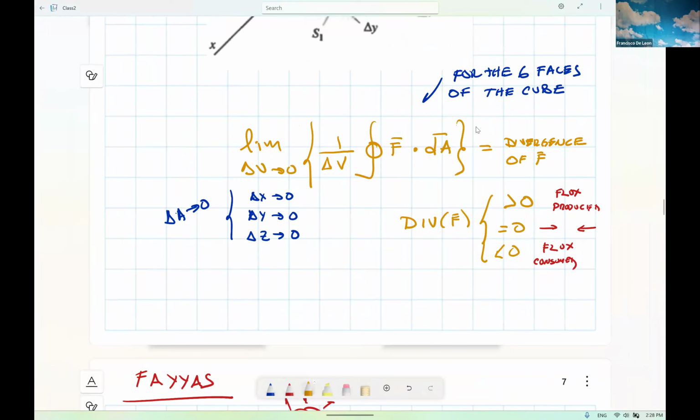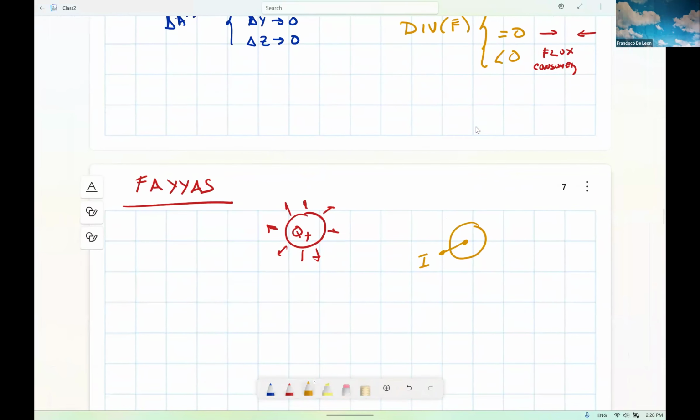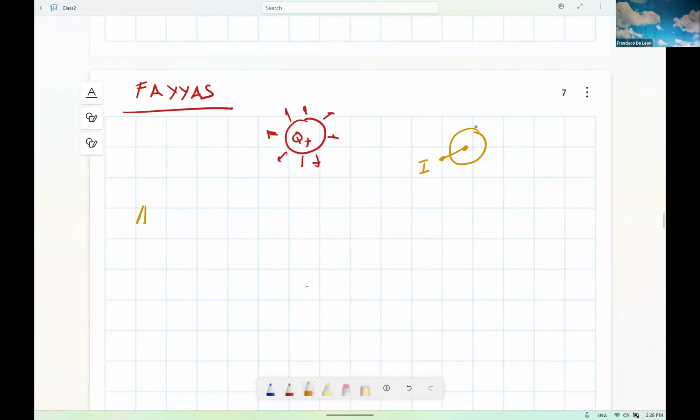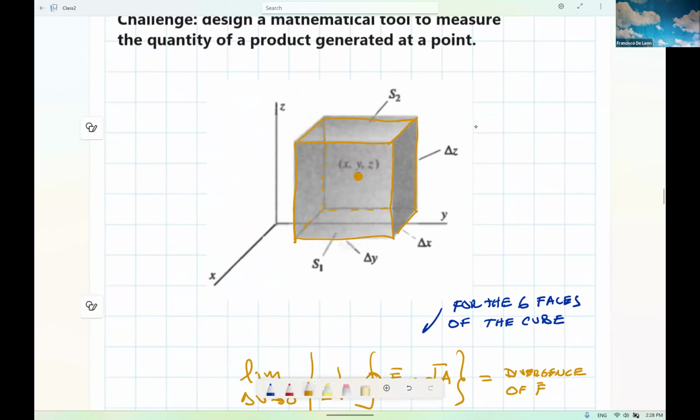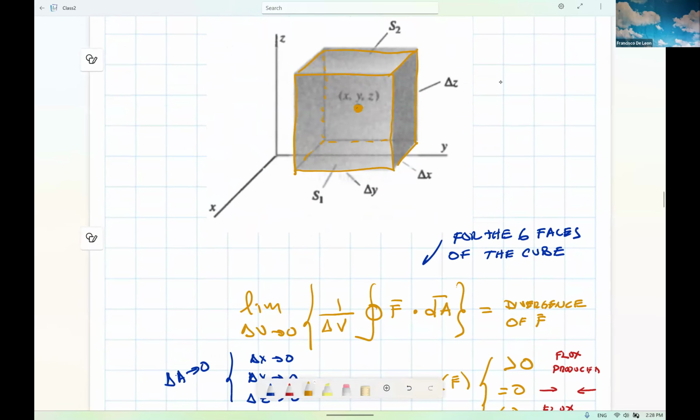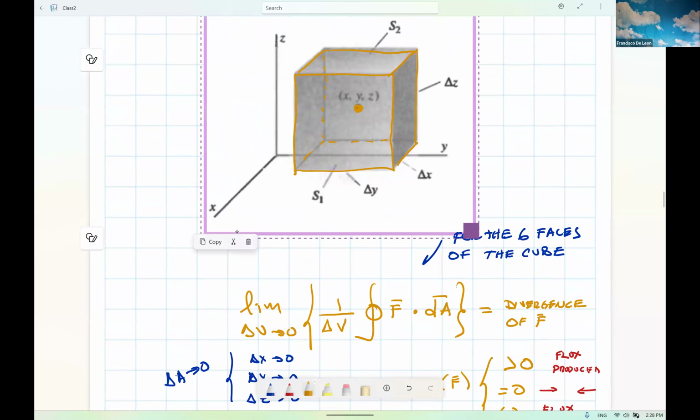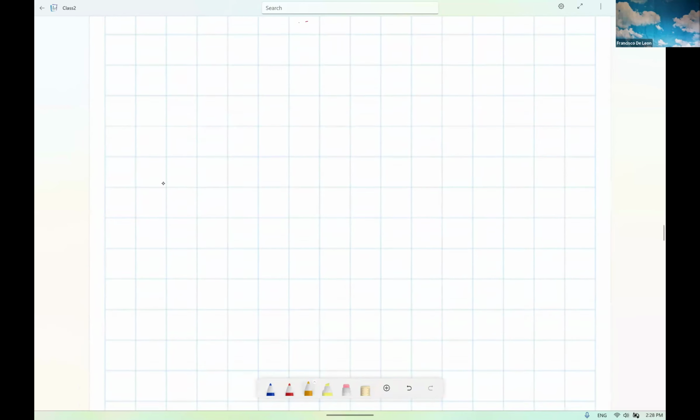Now, how are we going to compute divergence? This is the beautiful thing of this, not quite formal mathematics that I'm going to do, but it's very good. I'm going to copy this figure here and put it back here.